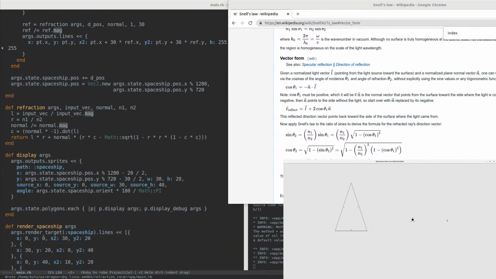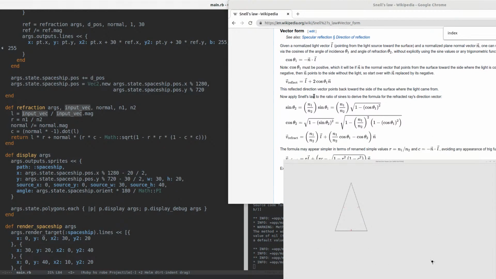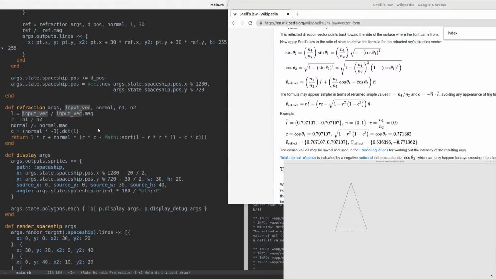That does not look better, does it? Okay, L equals that, normal times, yeah, I'm sorry, this has been taking way longer than it should.